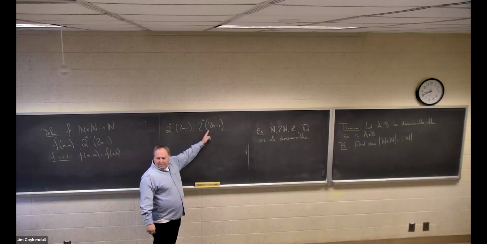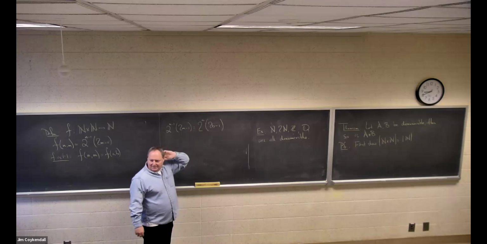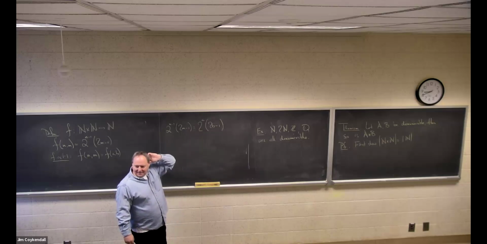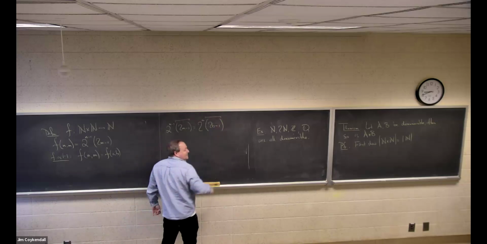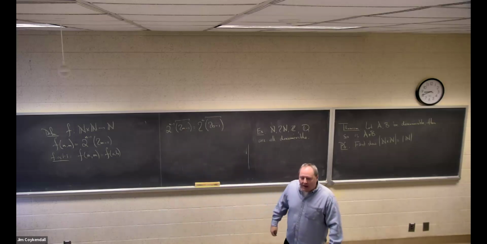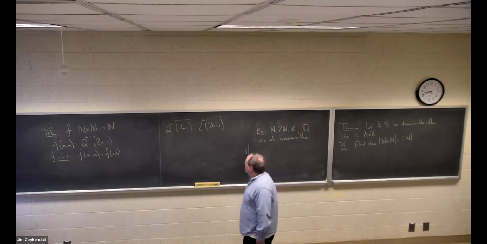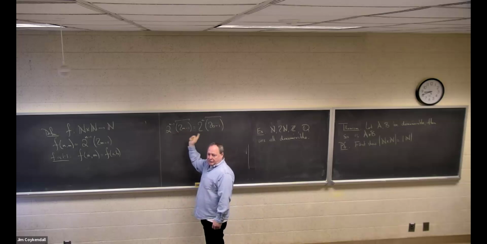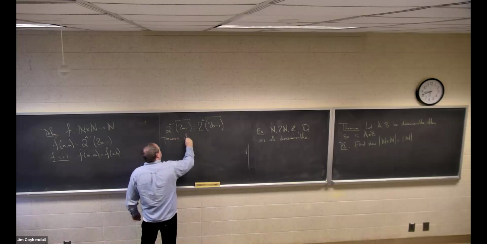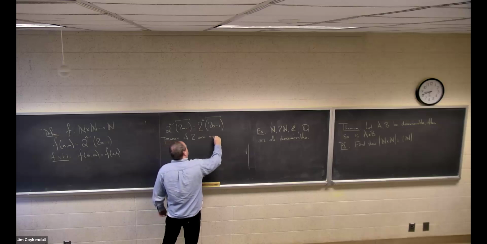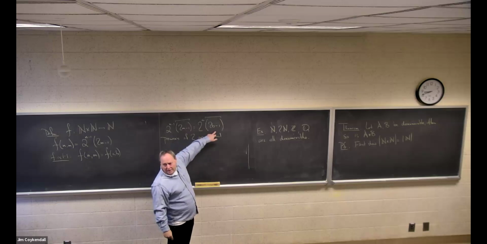What do I know about these two odd numbers? They're odd, right? Now, remember, the fundamental theorem of arithmetic tells me that prime factorizations are unique, right? And so the number of powers of two on these two sides must be equal. And I know there's no extra twos hanging around in here or in here because these are odd, right?